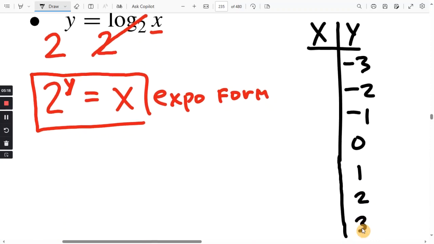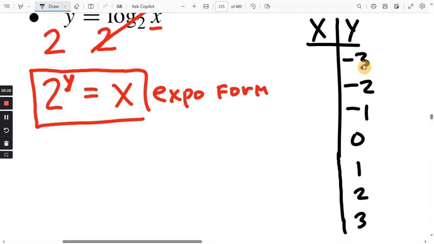So instead of plugging in values for x, I'm plugging in values for y because we have the equation written in terms of x. Let's do the easy ones. We're plugging in y. 2 to the 0 is just 1.